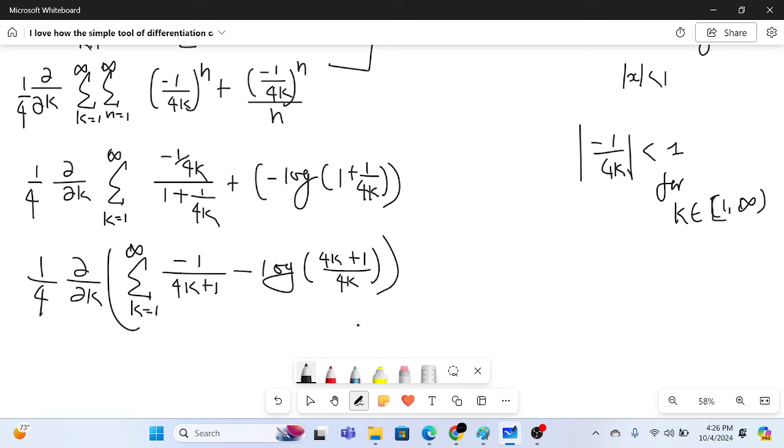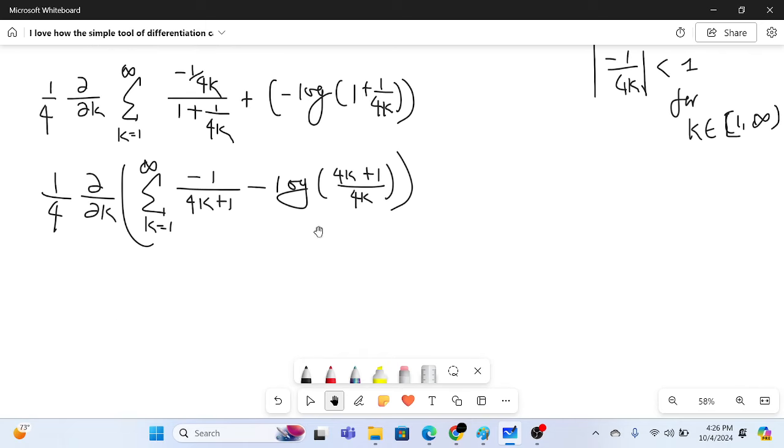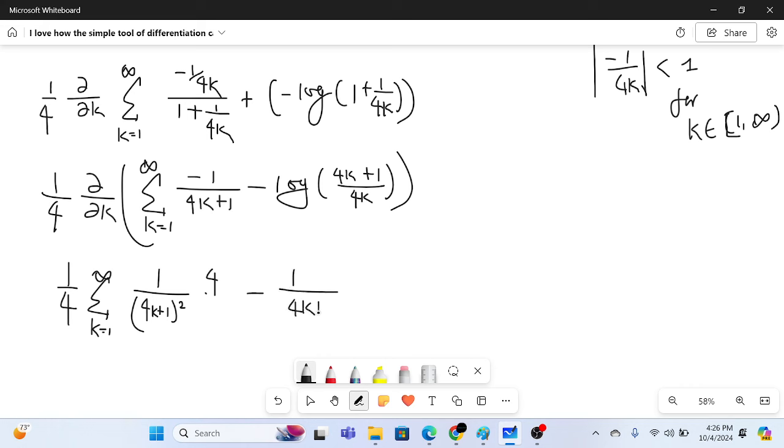Now let's differentiate this expression with respect to k. So 1 by 4 sum from k equals 1 to infinity, and this is 1 by 4k plus 1 square times 4, minus, and this is 1 by 4k plus 1 times 4 plus 1 by 4k.